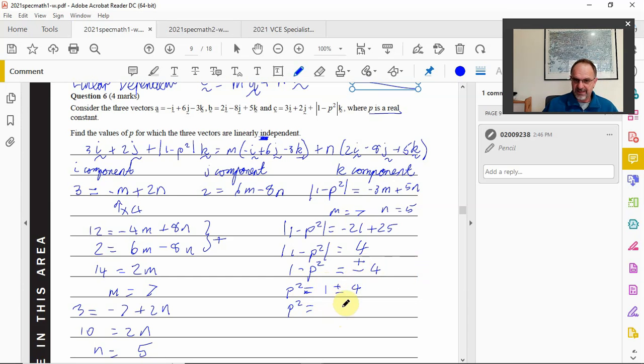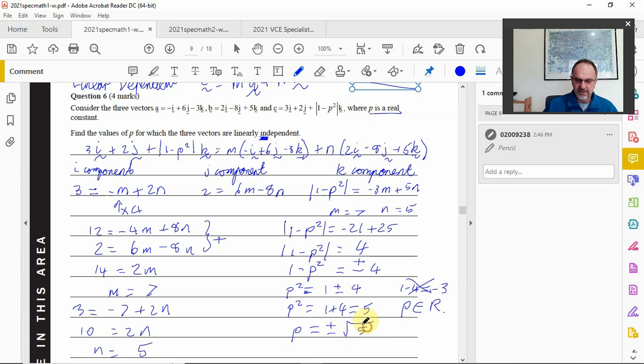So because p is an element of real numbers, 1 plus 4 is okay, that's 5. But 1 minus 4 is not okay, because that's negative 3. And if p squared is negative 3, to get p we're trying to square root a negative. So 1 minus 4 doesn't work out because p is an element of real numbers. So p squared can only equal 5, and so p then will be plus or minus root 5.